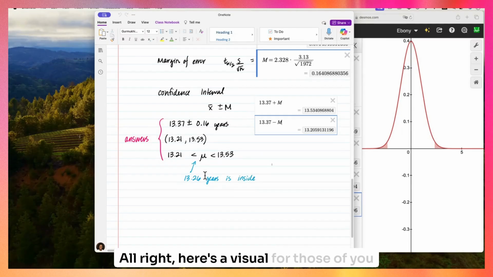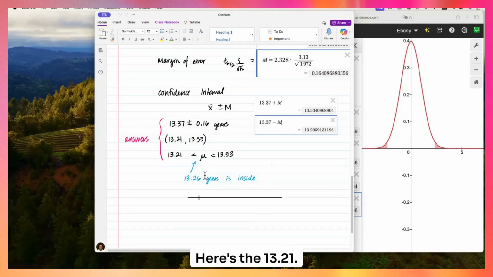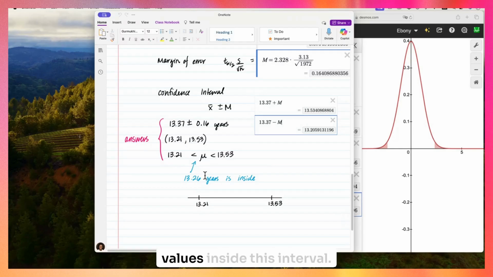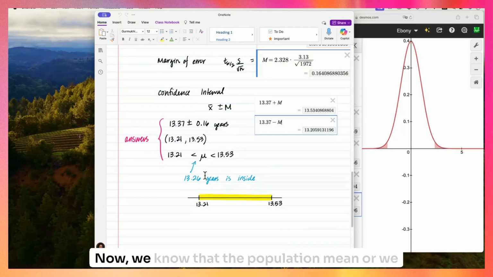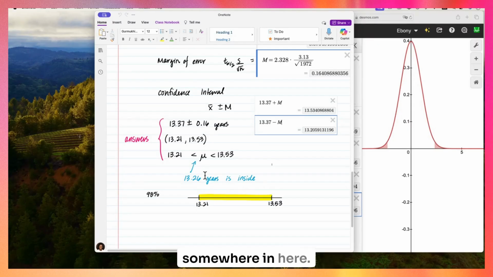Right, here's a visual for those of you who might be a little more visual. These values represent a number line. Here's the 13.21, here's the 13.53, and what we're saying is we're shading all values inside this interval. Now, we are 98% certain that the population mean is somewhere in here.